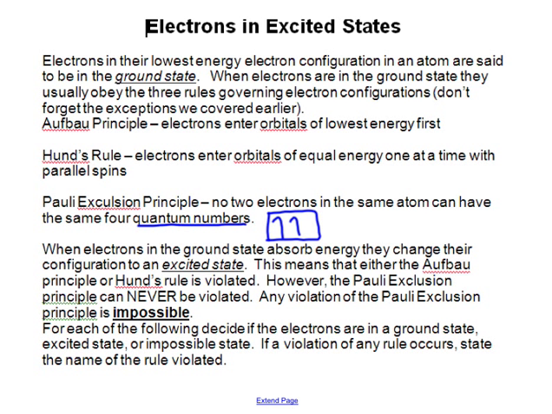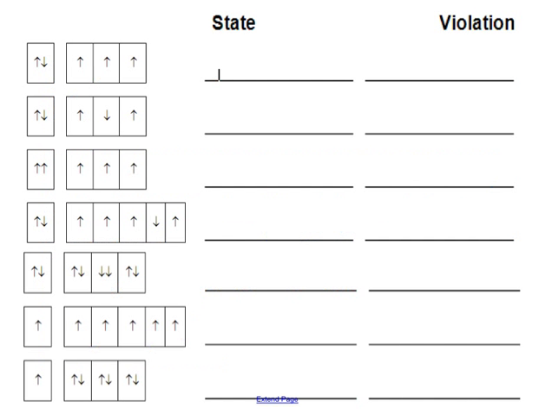If you have a picture like this, both these electrons are on the same level, in the same sublevel, in the same orbital, and have the exact same spin. So this is not possible. This is not an excited state. This is an impossibility.